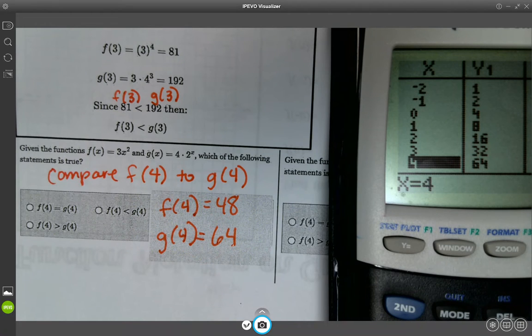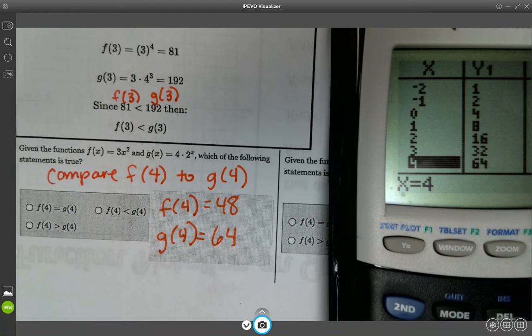Which one are you getting? Well, let's do g of 4.